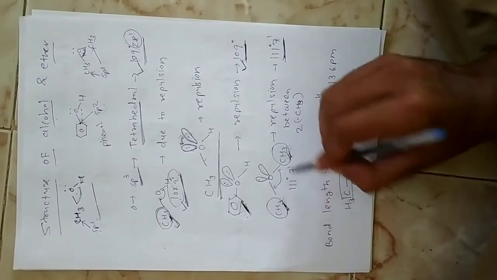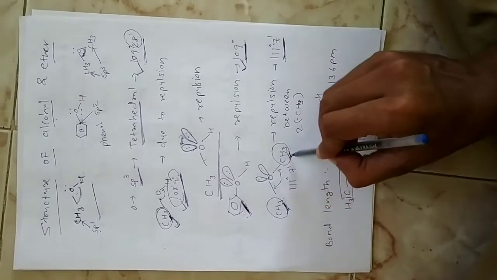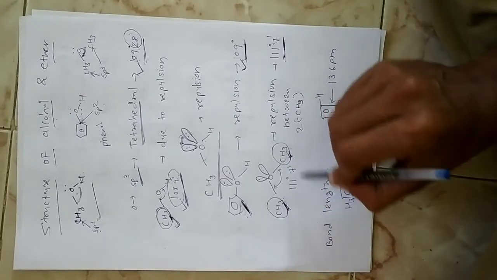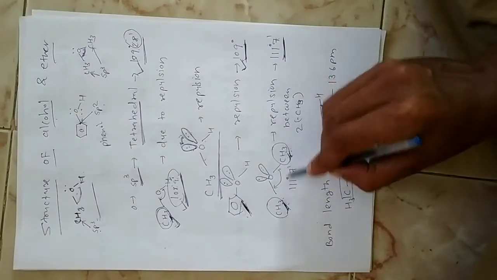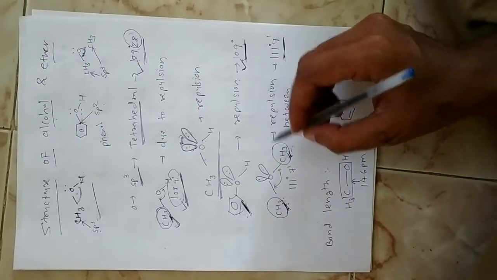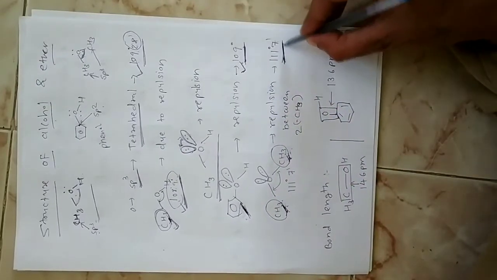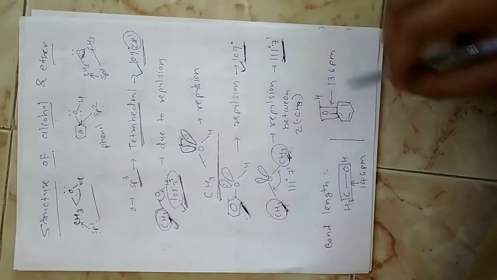In the ether group, repulsion is between these two methyl groups, both electron donating groups. So repulsion is inverted here, and the bond angle increases and becomes 111 degree 7 minutes.